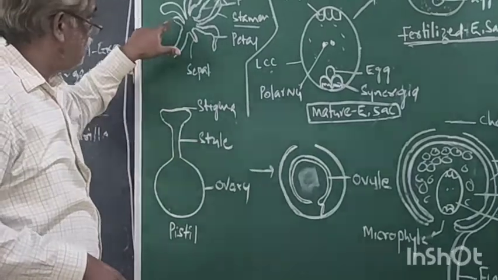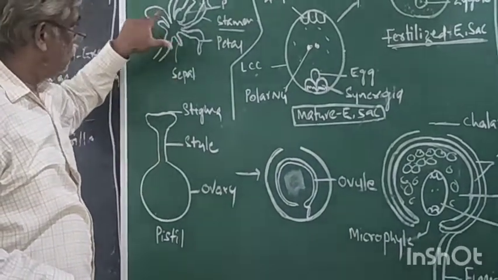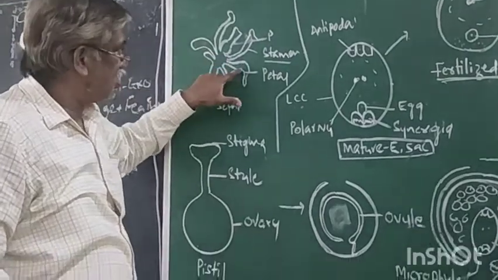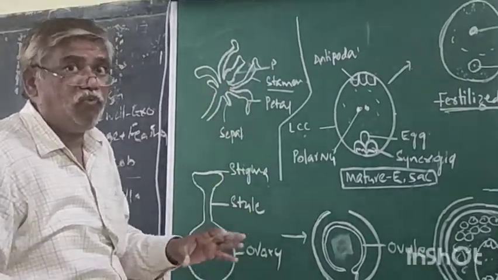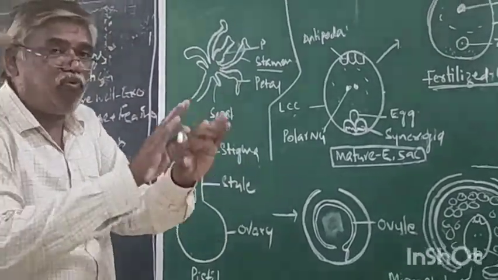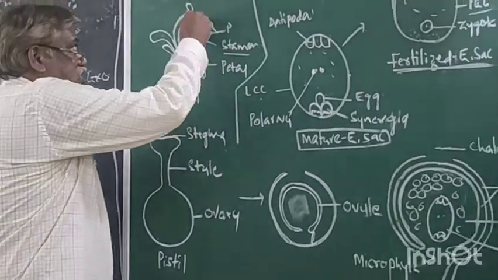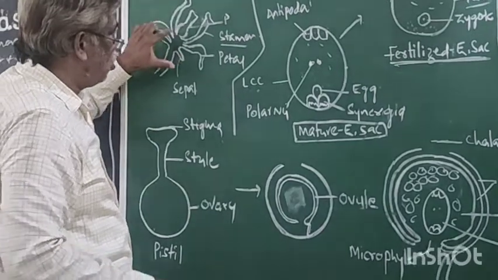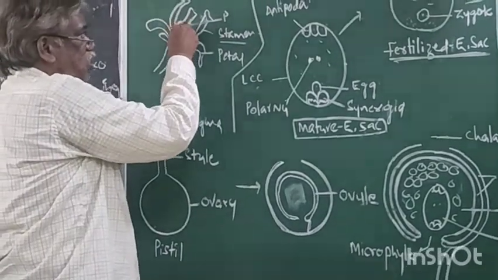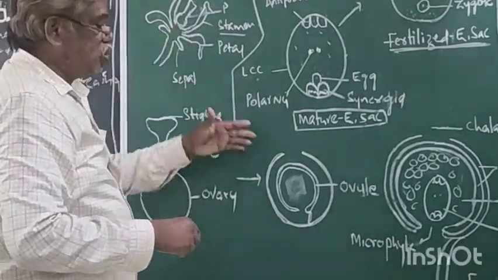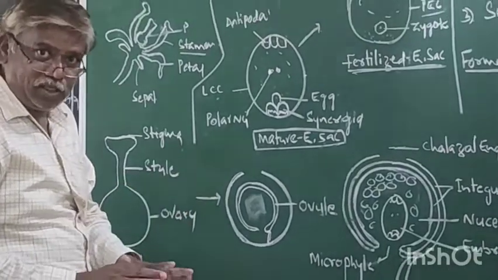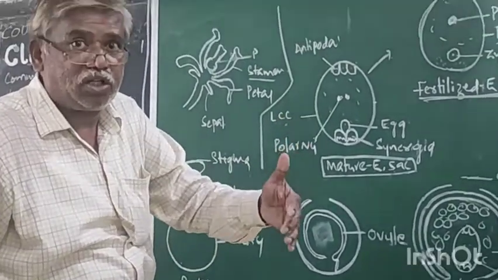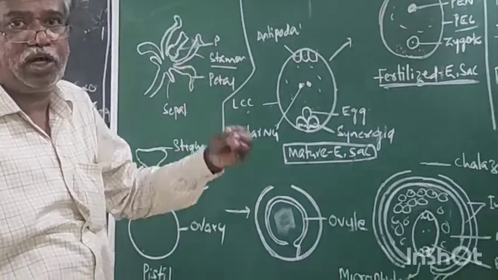The petals and stamens wither. Wither means dry and fall. Similarly, style and stigma also wither. What is remaining? Only this part, the ovary. This ovary remains and continues to the next generation after double fertilization.